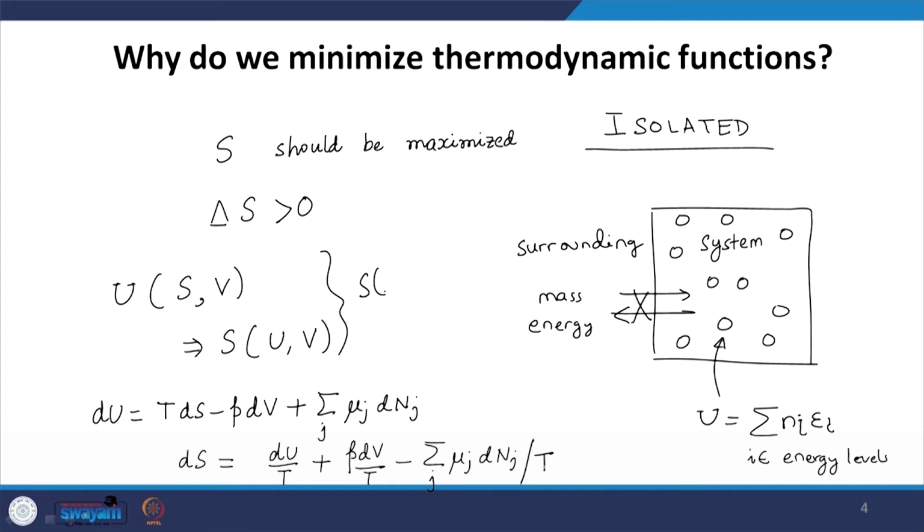For a multi component system you will have U, V and Nj, and it is this entropy that we have to maximize. So, the problem really is maximization of the entropy, and the way we have written, we have simply replaced internal energy by the entropy as the function of interest, because mathematically I can write the expression for dU in terms of dS as well, and we have a clear sense that the entropy should be maximized. We should go towards the most probable distribution.